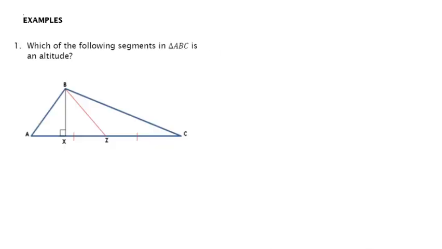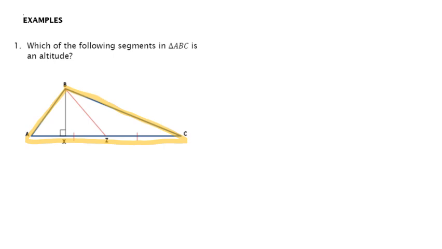An example of a question you could see on a test or a quiz might say, which of the following segments is an altitude? And they give you lots of different segments here. The outside of the triangle, those are the 3 sides that form the large triangle ABC. So when they ask a question like this, we're really focusing on segments inside the triangle.